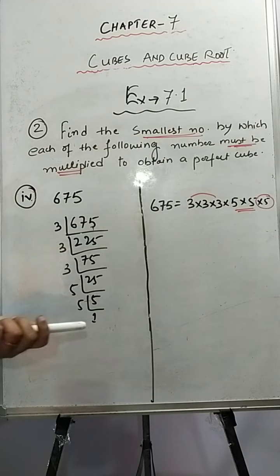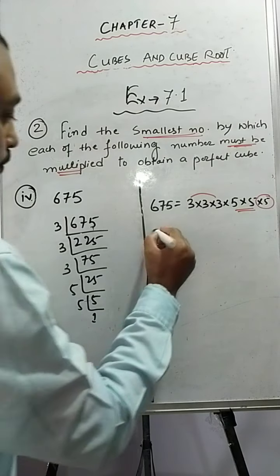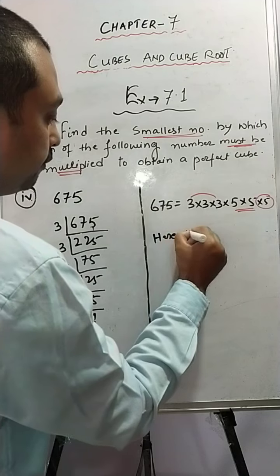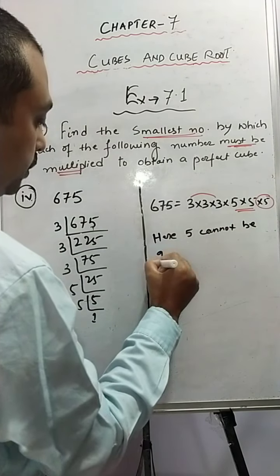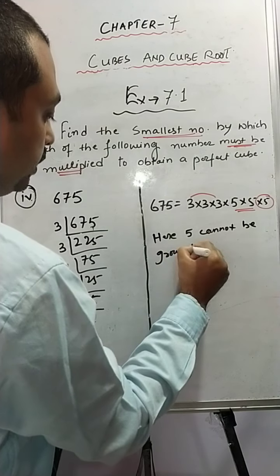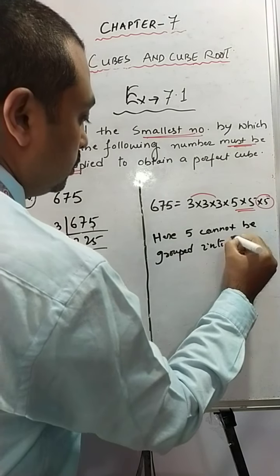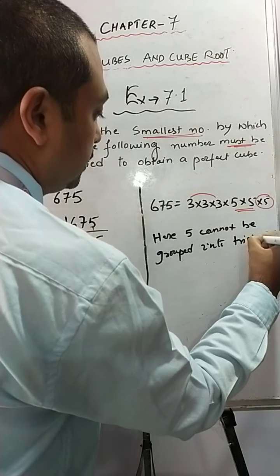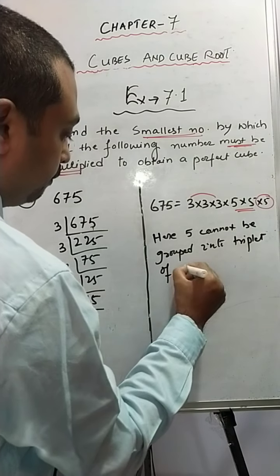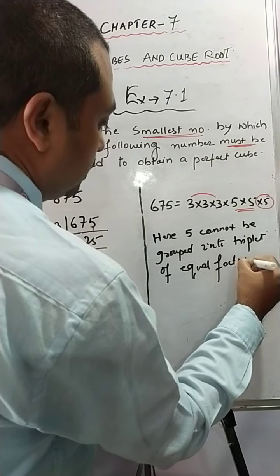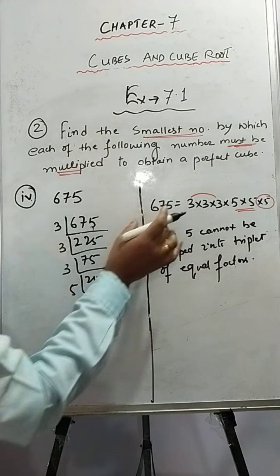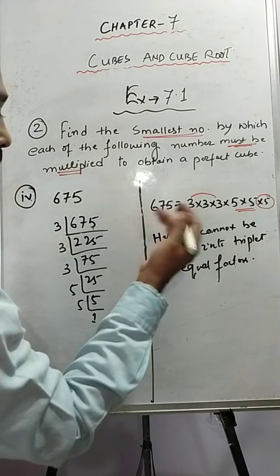That is, the sentence would be, here 5 cannot be grouped into triplets of equal factors, isn't it? So what is the number that needs to be multiplied with 675 to make it a perfect cube?